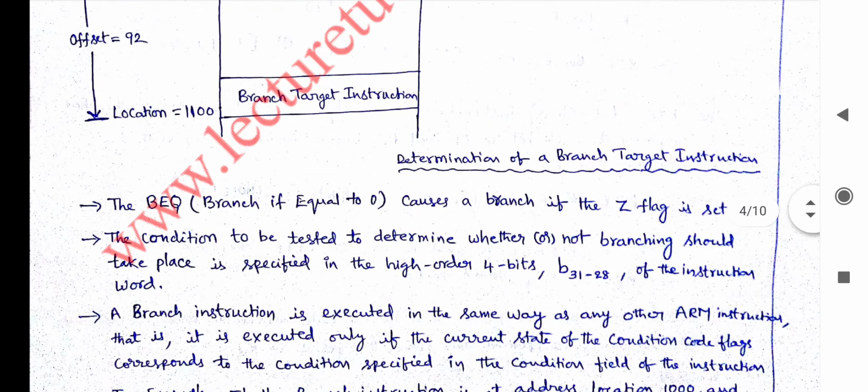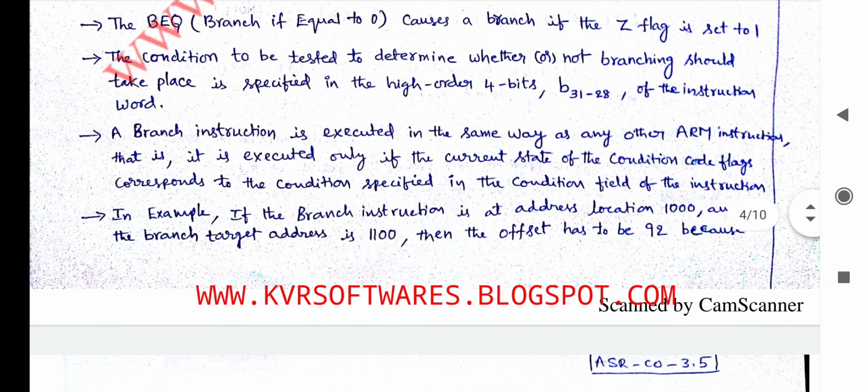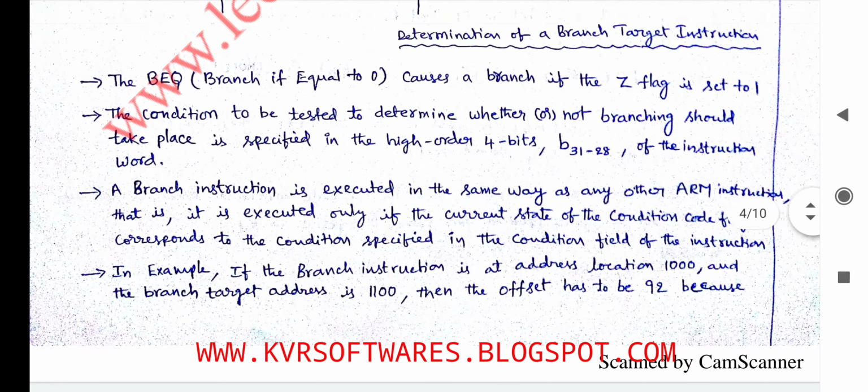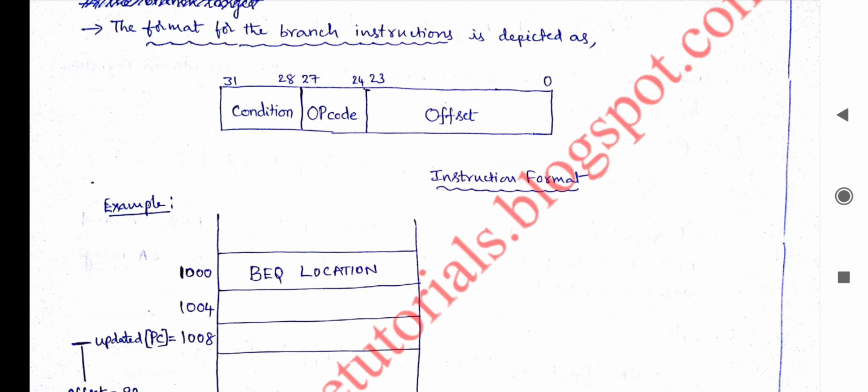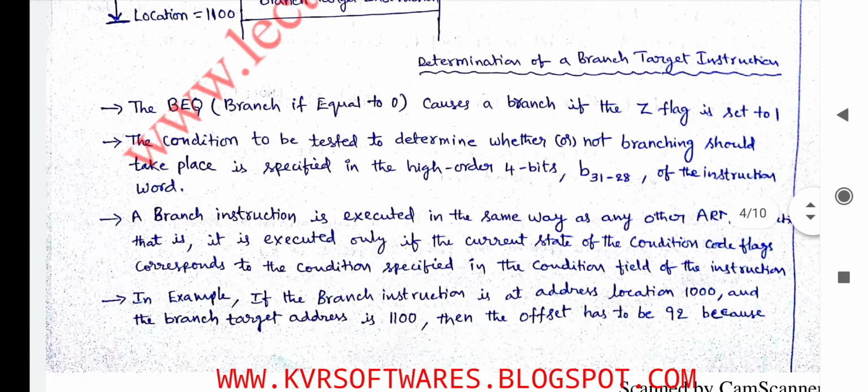A branch instruction is executed in the same way as any other ARM instruction, that is, it is executed only if the current state of the condition code flags corresponds to the condition specified in the condition field of the instruction. See, here we have the condition field, opcode field and offset field. It works based upon the condition field, right?